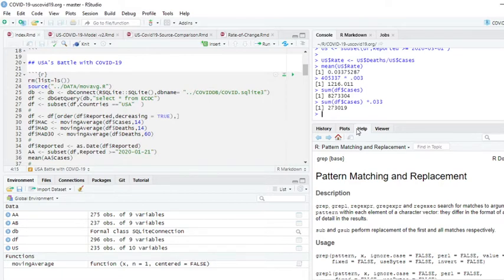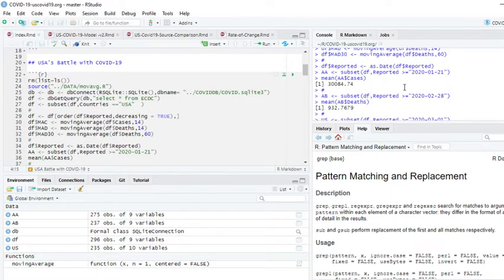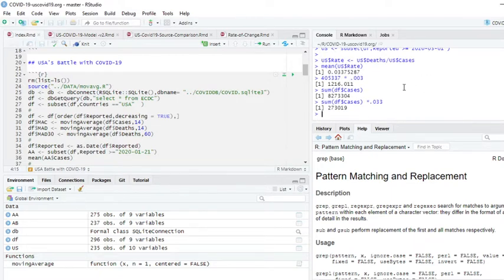And that's an interesting point, isn't it? It's 3.3% times the total number of cases. 273,000 deaths we should be at. But instead, we're at what? 219,000. All right.